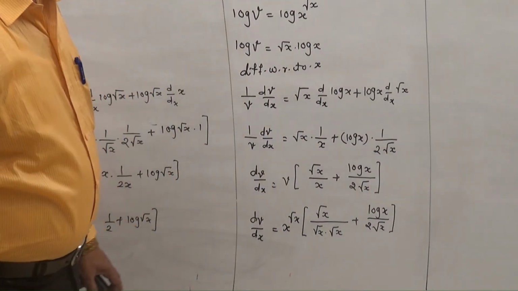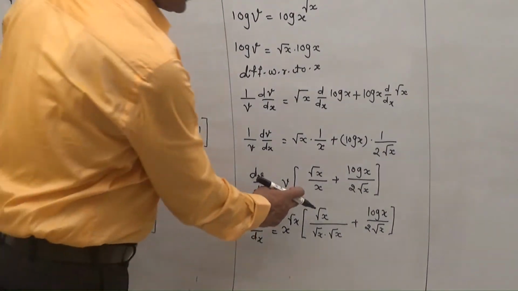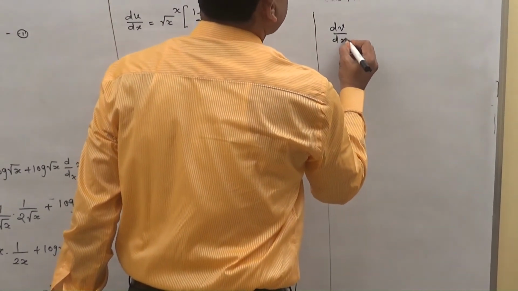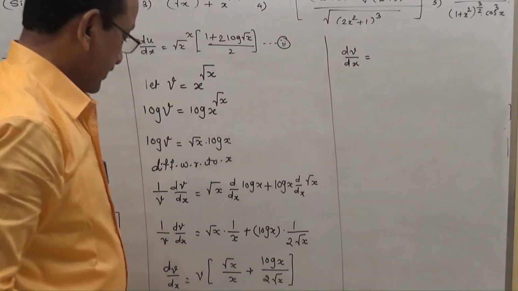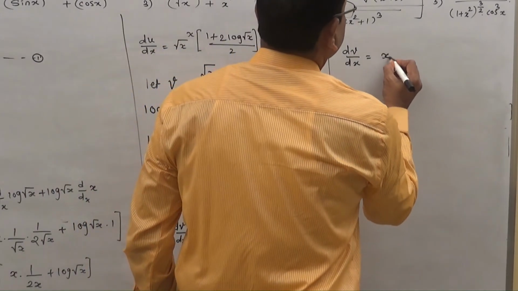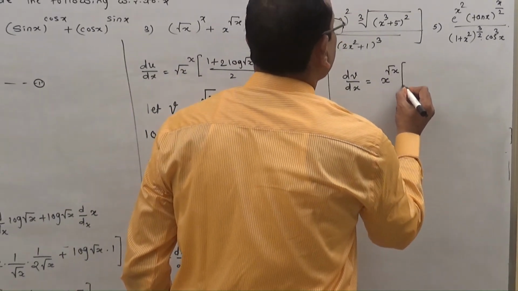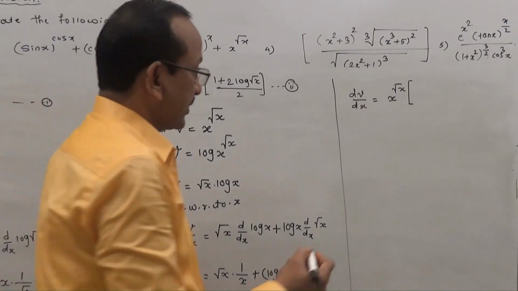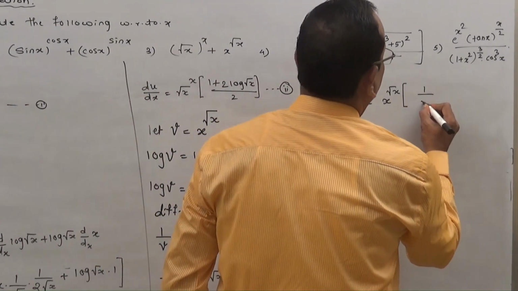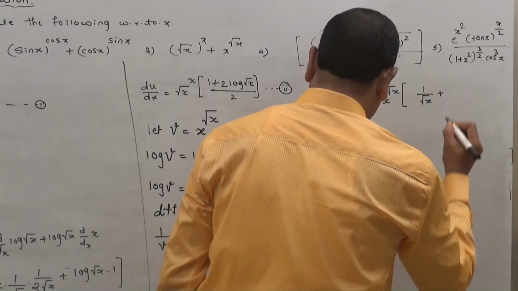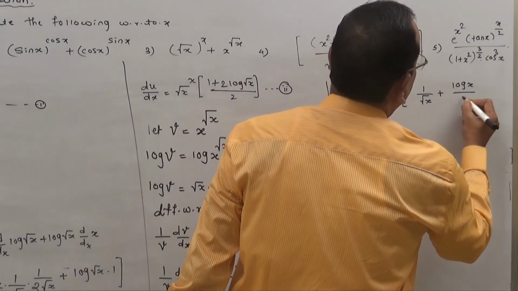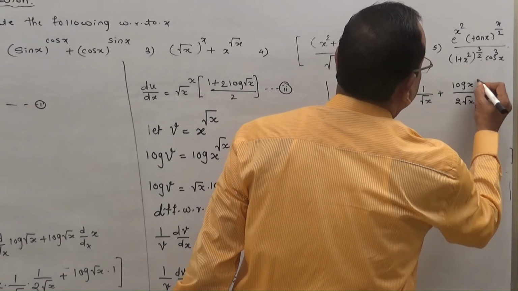Now simplify, root x cancels. dv by dx is equal to x raised to power root x into bracket, 1 upon root x plus log x upon 2 times root x.